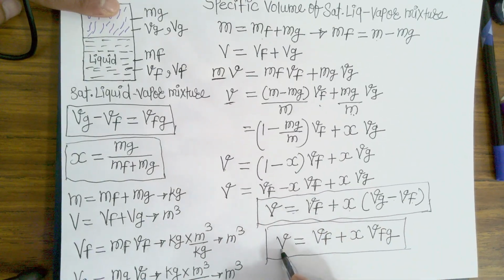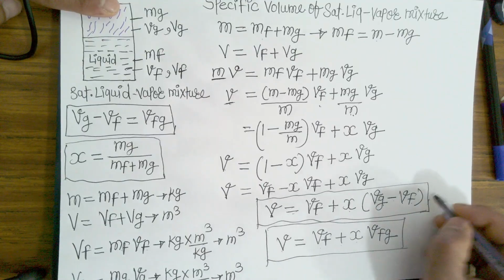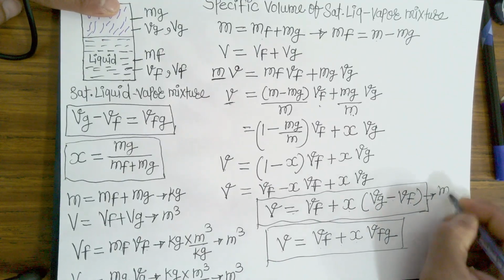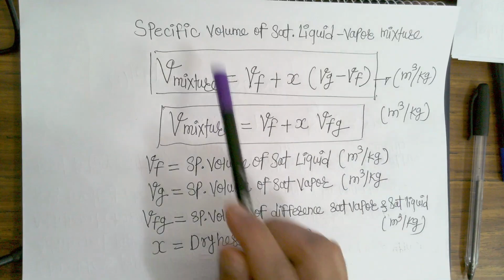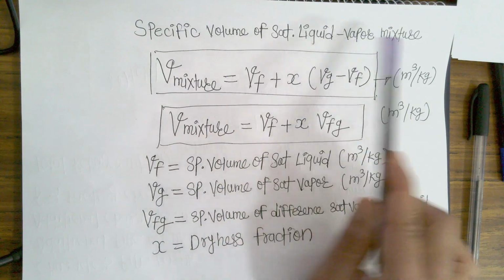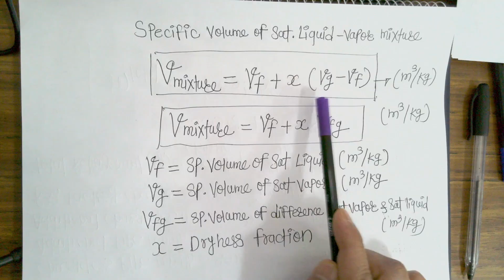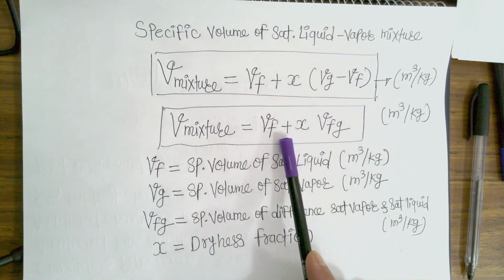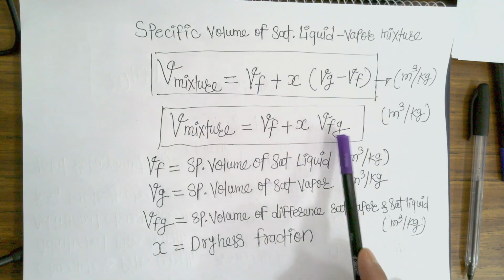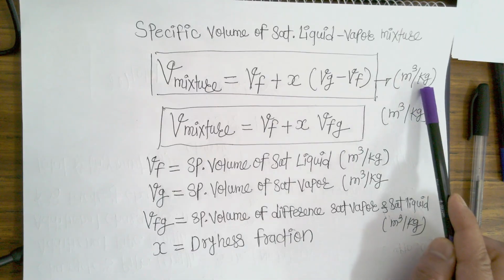So this specific volume of mixture can be written as Vf plus x Vfg. Here it is a specific volume which is meter cube by kg. So in summary, the specific volume of saturated liquid vapor mixture is equal to Vf plus x multiplied by Vg minus Vf, or it can be written as Vf plus x multiplied by Vfg. The unit for the specific volume is meter cube per kg.